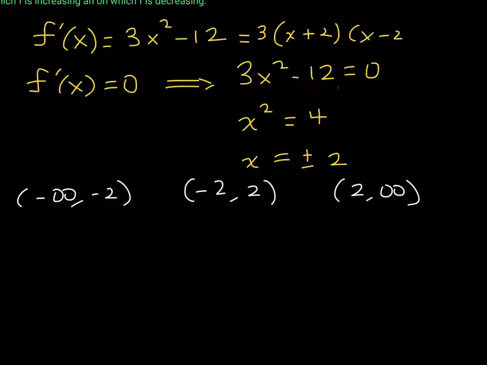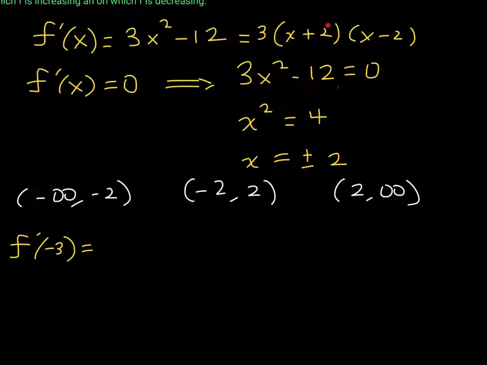So what I'm going to do is choose a value from this interval, plug it into f prime, and determine whether f prime is positive or negative. I will be plugging the value into the factored form because it'll be easier to track the sign. So for example, f prime of, let's say, -3. The first factor here is just +3, so I'll ignore that.